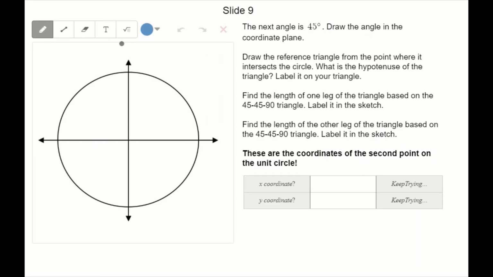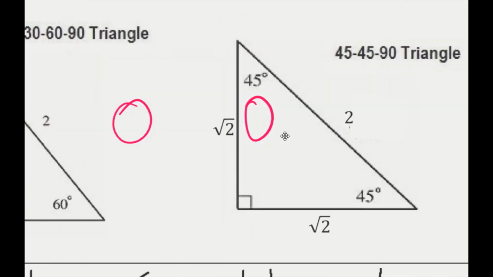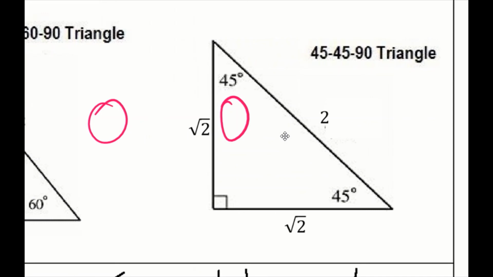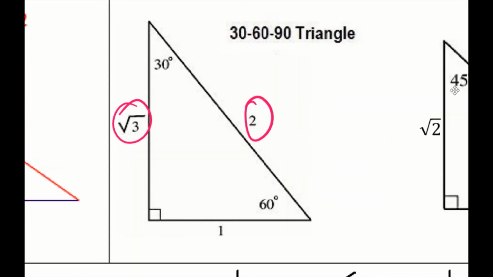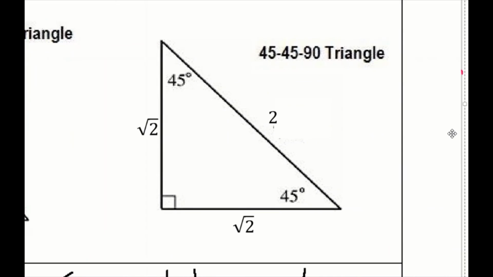Now we're looking at a 45-degree angle. That's just going to be halfway from 0 to 90. And then we're going to make a reference triangle. The fun thing about a 45, 45, 90 triangle is that both side lengths are the same.